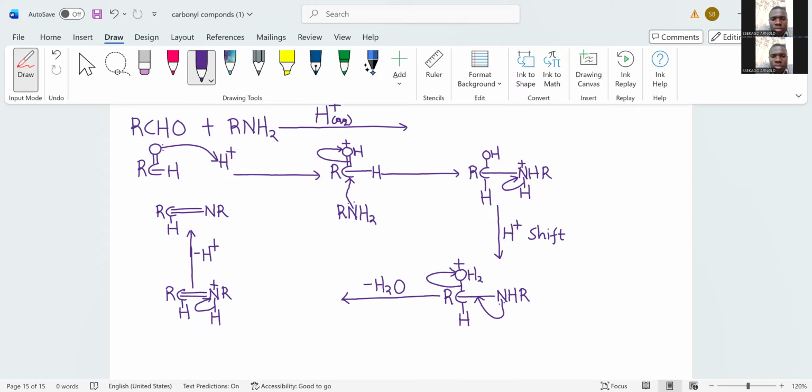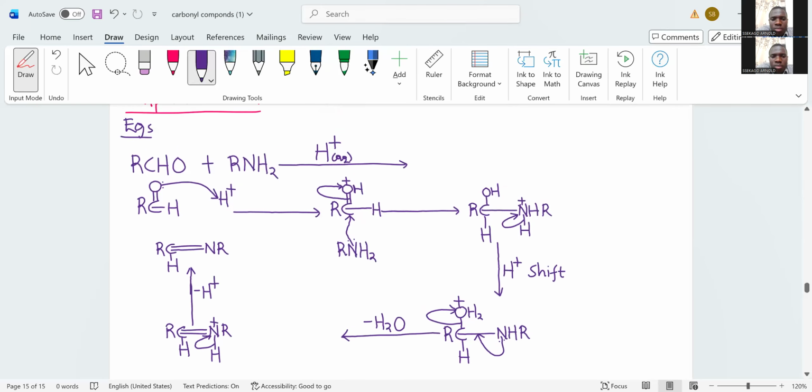At last a hydrogen ion is lost, meaning that it was working as a catalyst. That's why a catalyst is not utilized. You have to show that it is formed again. So what are my products? I have RCH double bond NR plus H2O.